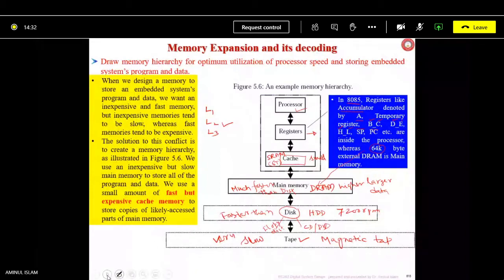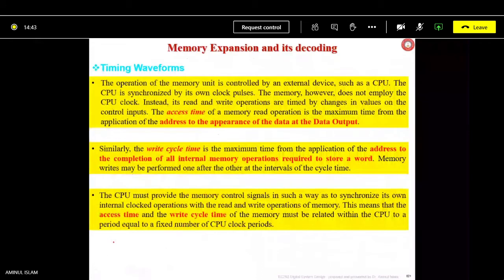Now we'll go to the next slide to continue our discussion on memory and its decoding, plus memory cycles, read cycle and write cycle, etc. A few definitions here. Firstly, the access time. When you try to read content from the memory, the time required is called the access time.